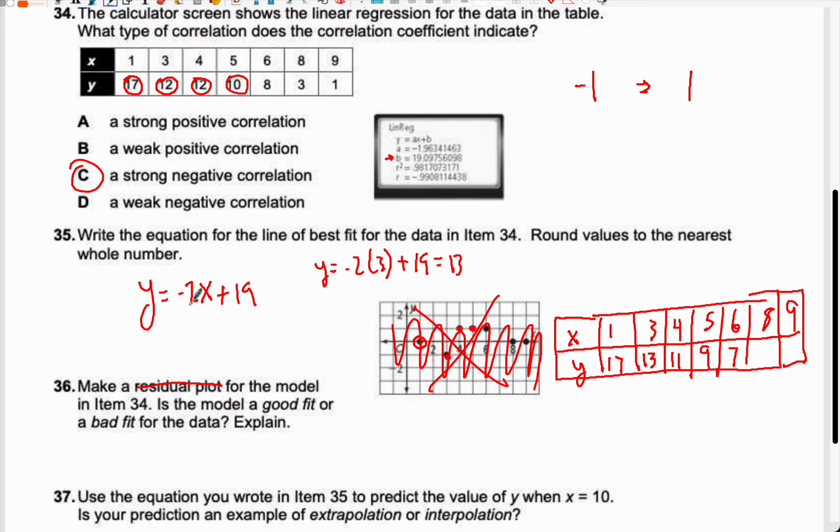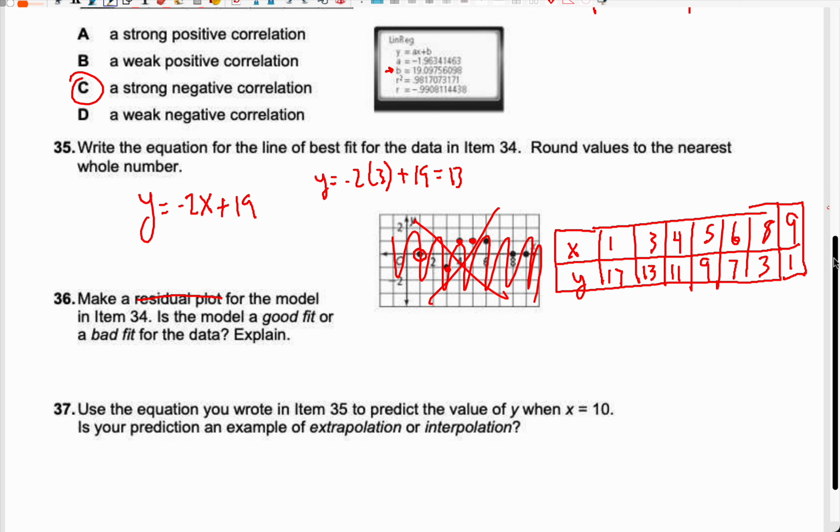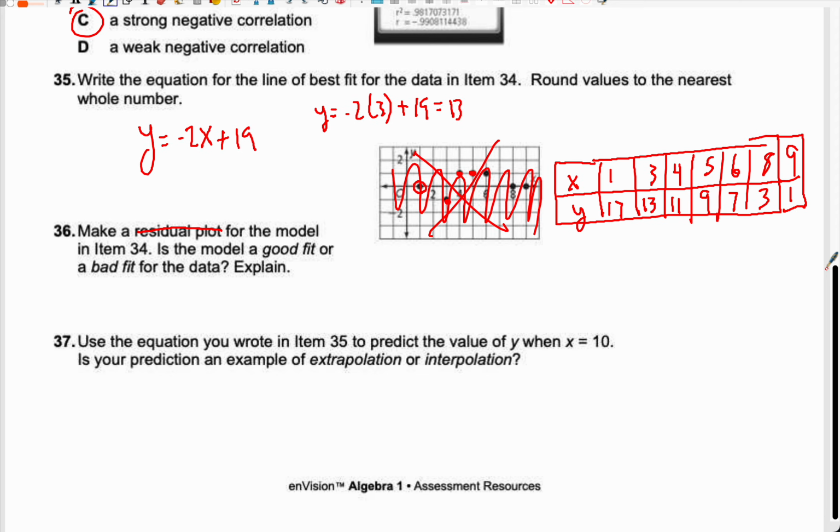Negative 2 times 8, that's negative 16, plus 19, that's 3. And then negative 2 times 9 is negative 18 plus 19, that's 1. All we got to do is fill in those x values. Okay? So don't freak out on that one. That's question number 25 on the test. That part will be on Friday. And if you freak out on it, maybe we'll make it a bonus question or something.